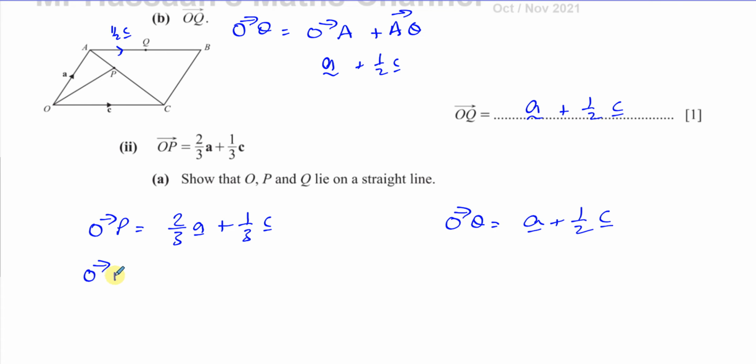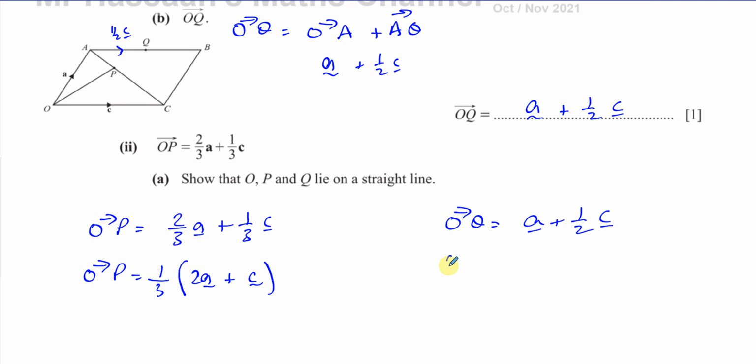So the denominators are already the same here. I can take out the common factor of a third, and inside the bracket I'm left with 2A, because a third times 2A is 2/3 A, plus C, because a third times C is a third C.